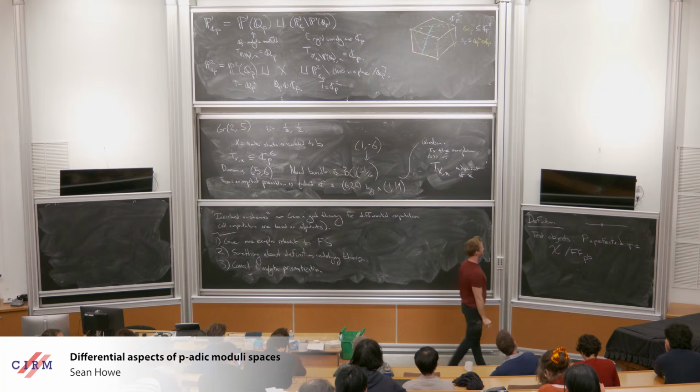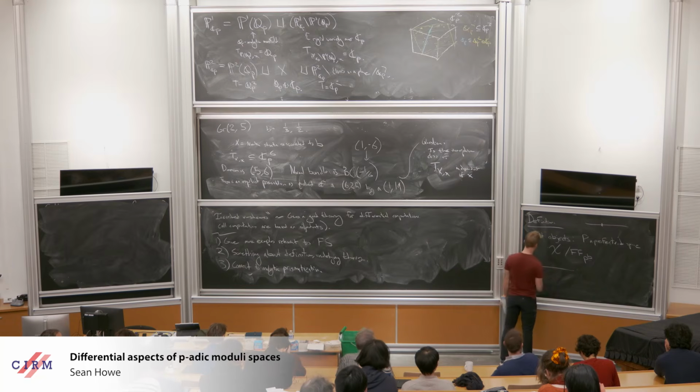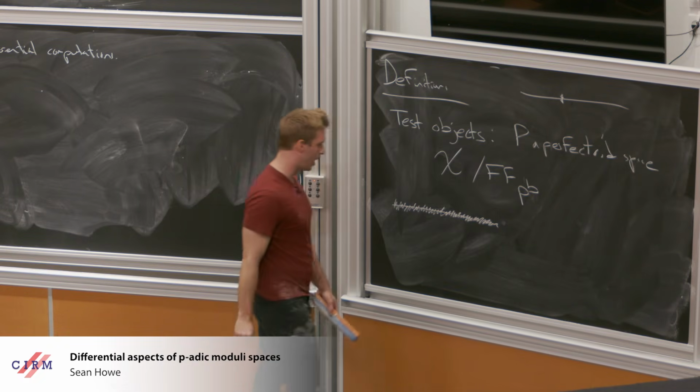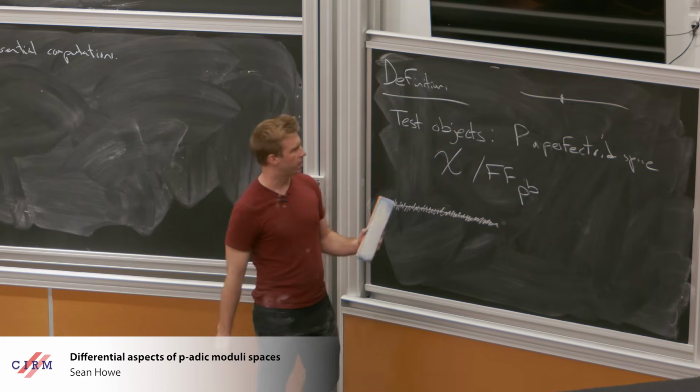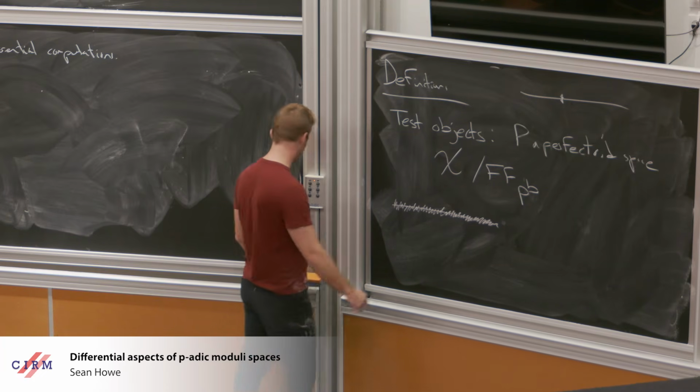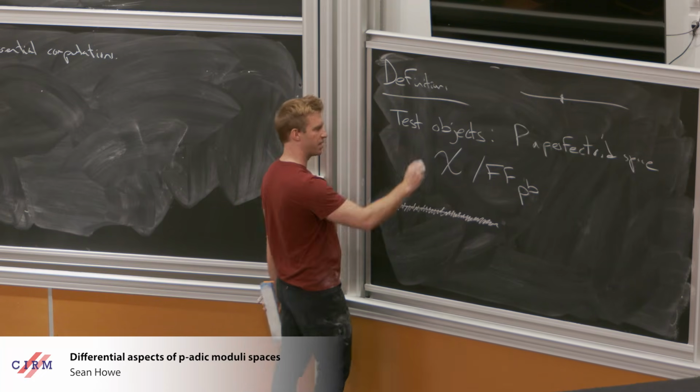And I want to use thickenings that are actually flat. Let me use not the actual definition I give, but something even simpler.